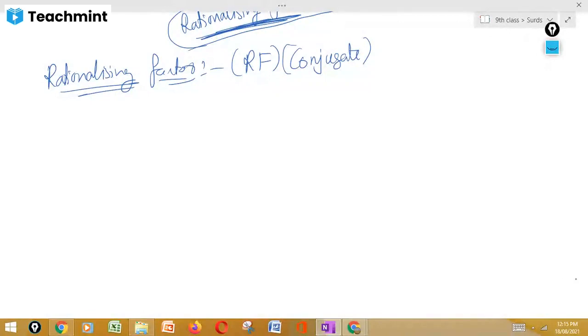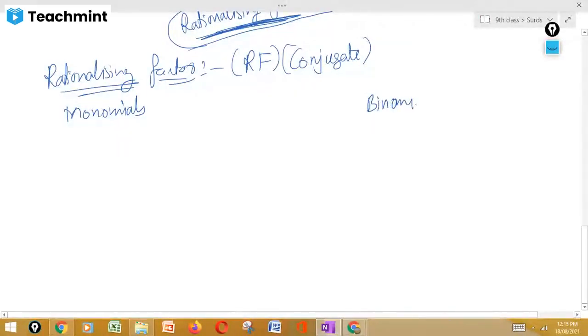Okay, now when we are talking about the rationalizing factor, there are two kinds of rationalizing factor we have to learn in this 9th standard. One is for monomial, and another set is binomial. So in monomials, see here, root of 2 is there. Here we are finding the rationalizing factor of the monomial.